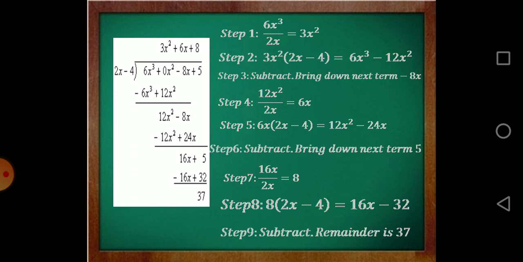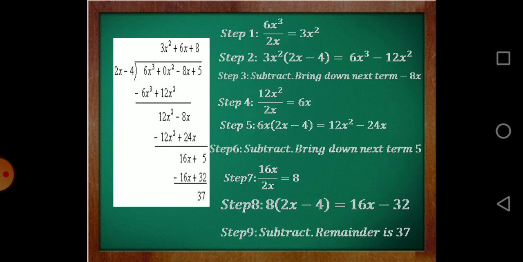Again repeat the same procedure. Highest degree term in the dividend divided by highest degree term in the divisor. That is 16x divided by 2x is equal to 8. This 8 is multiplied by the divisor again, 2x minus 4. We get 16x minus 32.